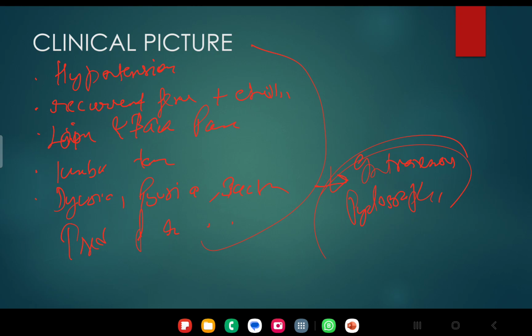We take cells from the urine, and because there is hematuria, red blood cells are present, and we see the presence of pus. So we use urine dipsticks. Urine dipsticks show the presence of pus. So these laboratory findings confirm that the patient is suffering from pyelonephritis.